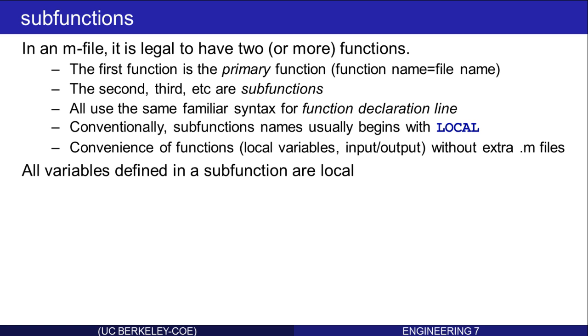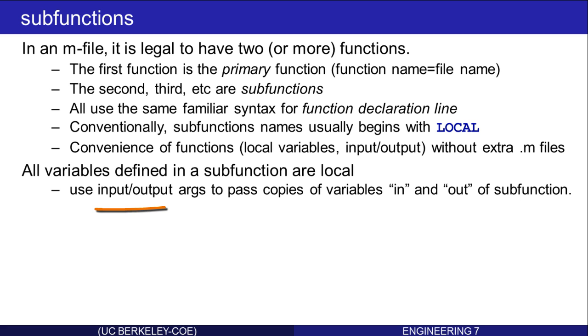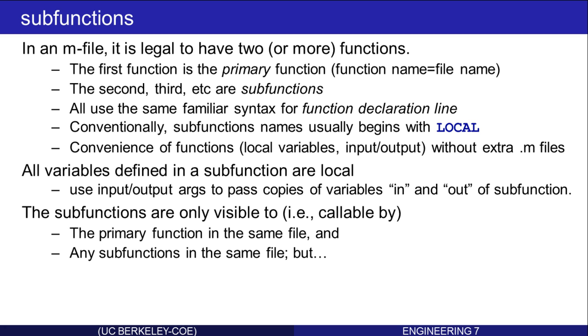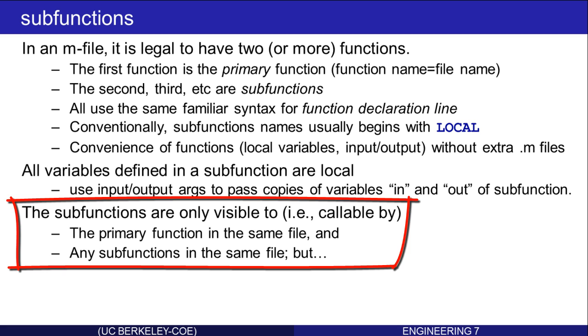So, like a function, all variables defined in a subfunction are local to that. Input arguments and output arguments are used to pass copies of variables in and out of the subfunction, just like we learned about for functions. One thing that's important, though, is that the subfunctions of a file, the second function and beyond, are only visible to, in other words callable by, the primary function in the same file, as well as any subfunctions in the same file.